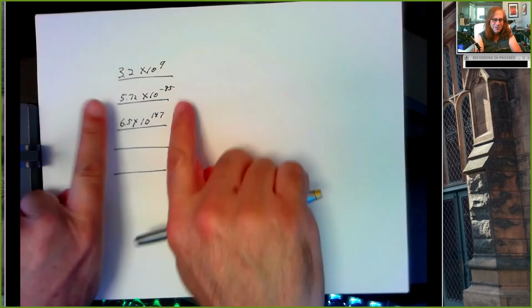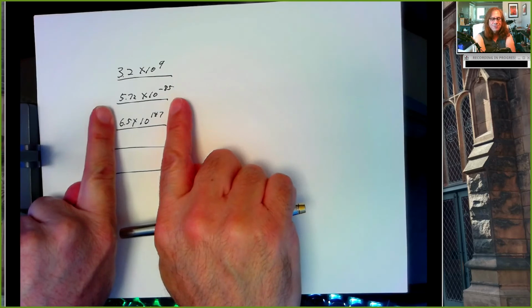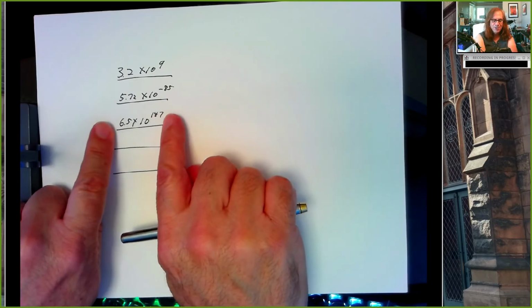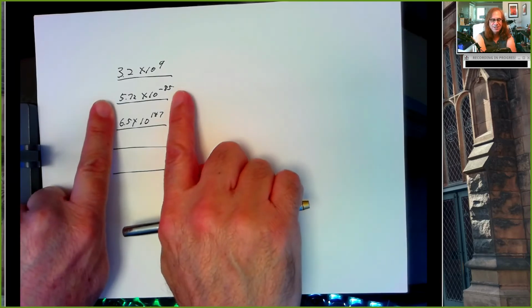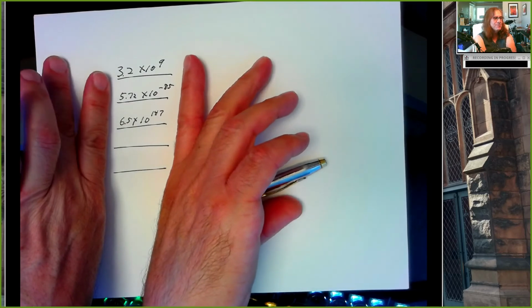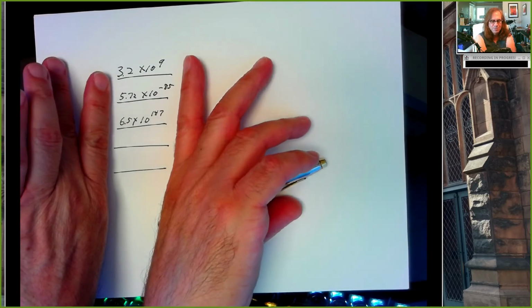And the values represented here vary wildly, right? This is 10 to the 200-something times bigger than this number. But I can physically fit them in this amount of space on the page of paper.